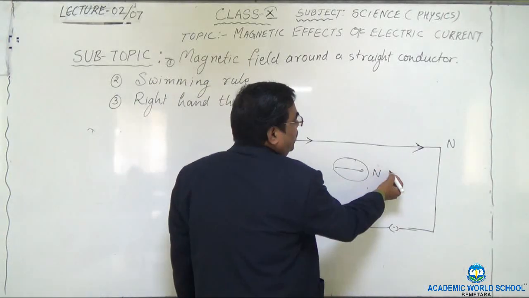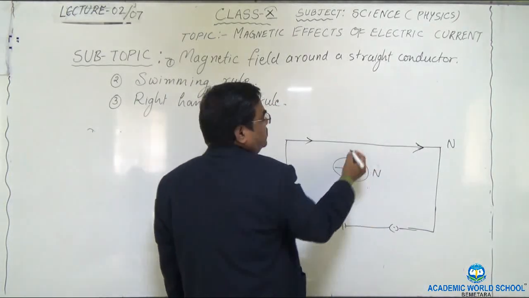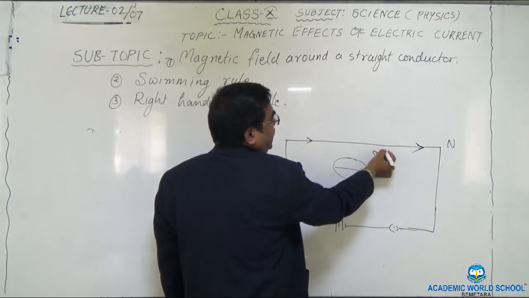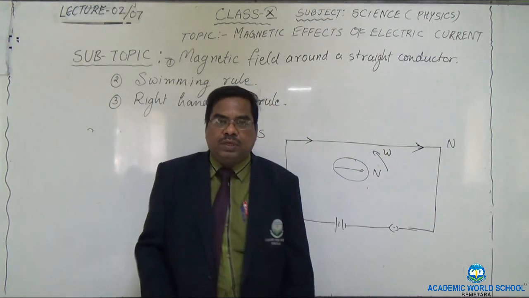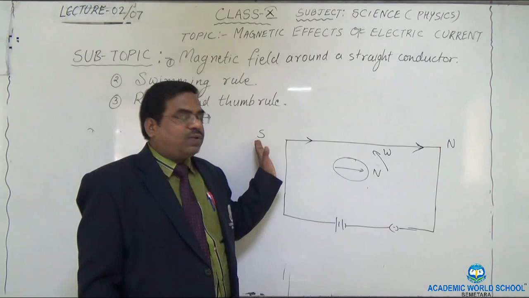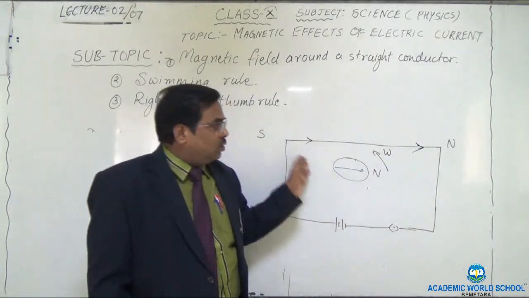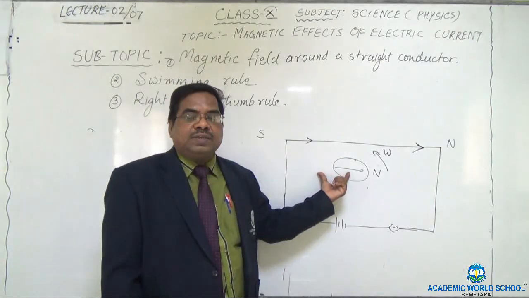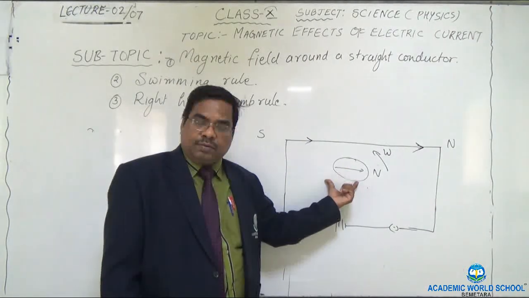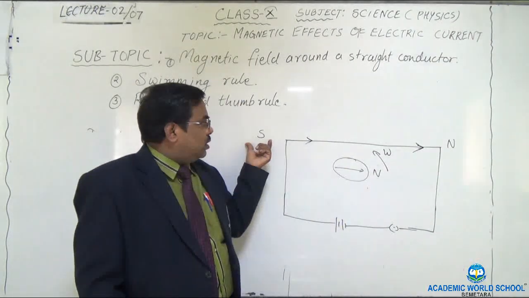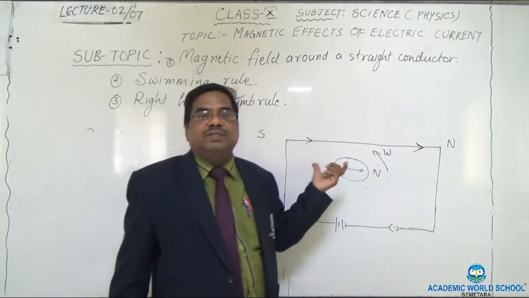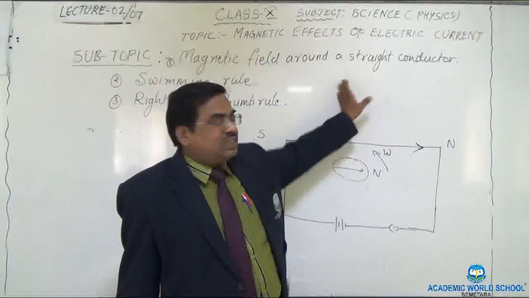Here it will go towards the west. Towards west, this side. Here, if current is flowing from south to north and you keep a compass below that wire, then the needle of the compass gets deflected in west side.